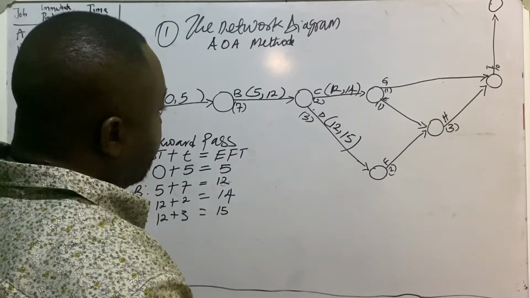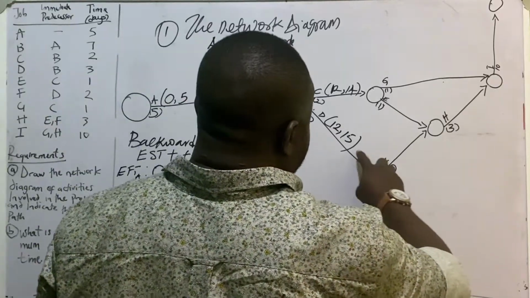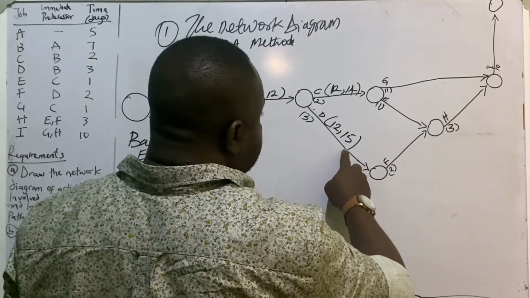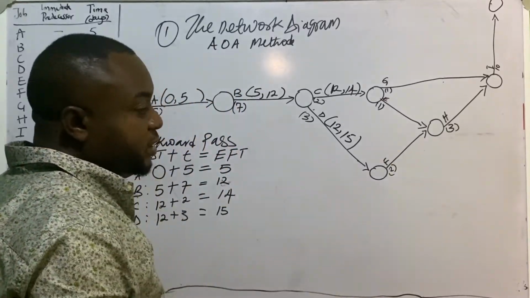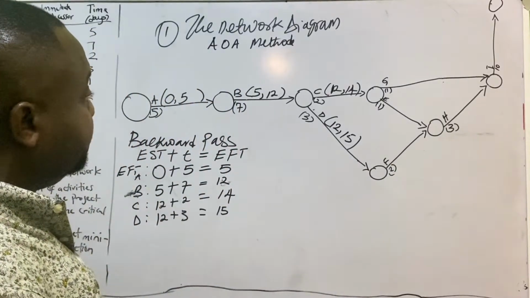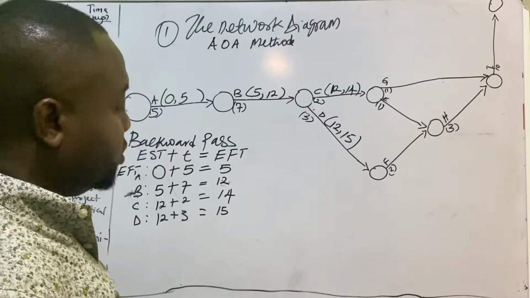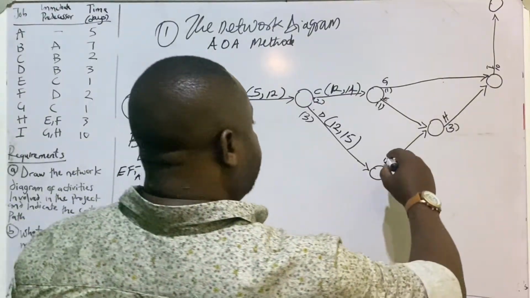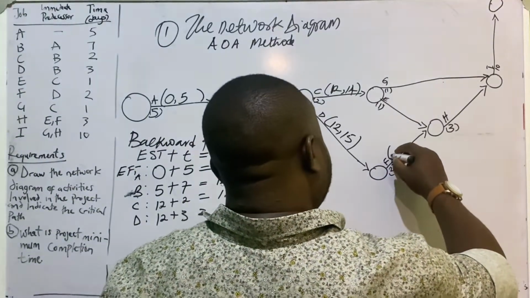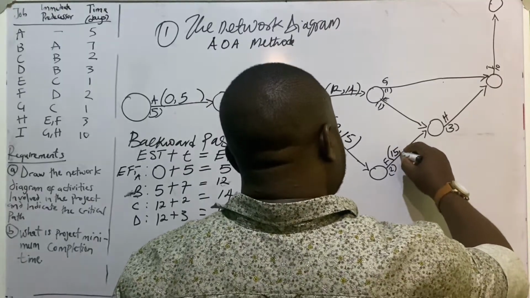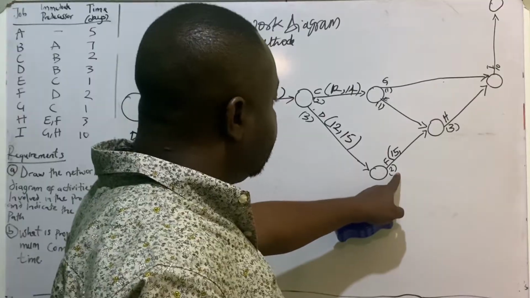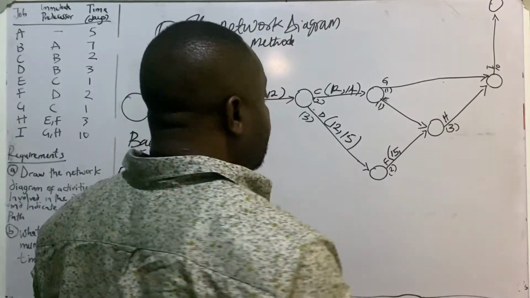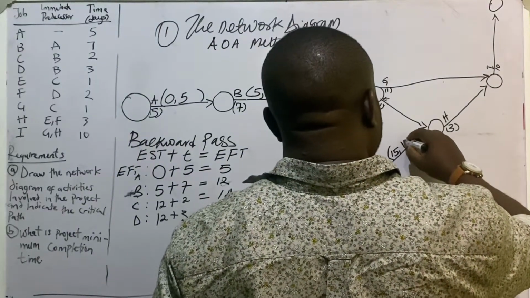Then again, for activity F, the finish time for activity D, which is preceding activity F, is 15. So we're going to have 15 plus 2, which is the time for the activity, will give us 17.